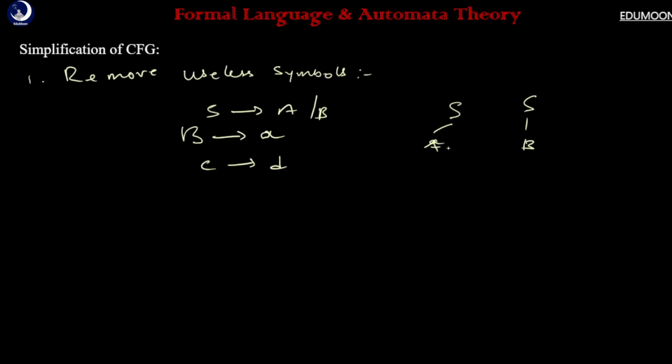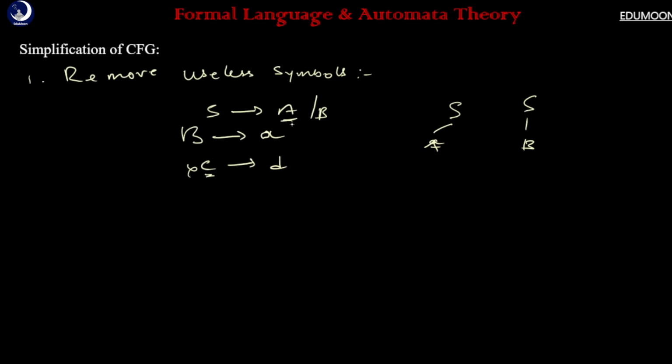In this grammar you can see that the variable C cannot be reached from the starting symbol S. When you draw the derivation tree or the parse tree, the variable C cannot be reached from S. So we conclude that C is a useless symbol. Also, in the production rules given, the variable A does not derive any terminals. It is not given in the next derivation.